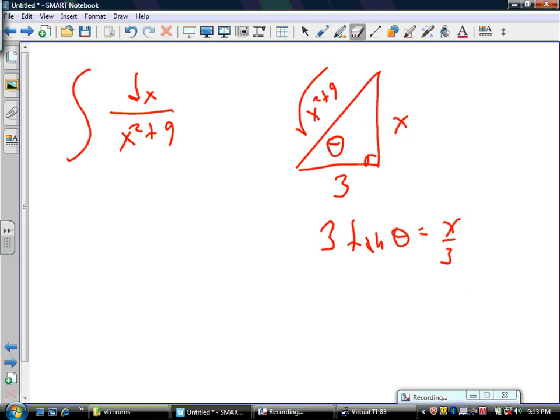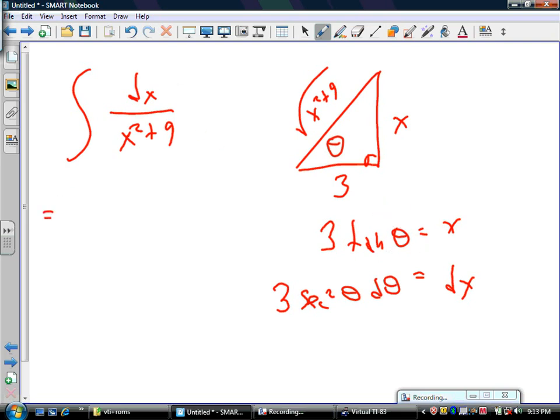All right, so let's just write it that way. I also need dx. What's dx? Differentiate this. What do you get? 3 what? Derivative of the tangent, remember, is secant squared. We figured it out using the quotient rule of sine over cosine.